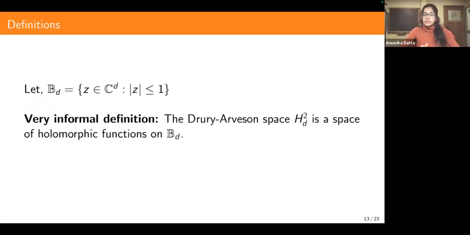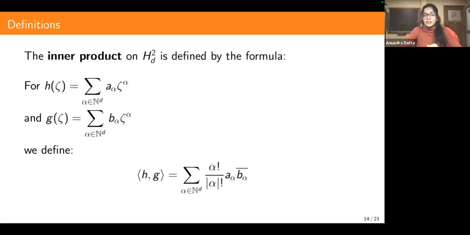Now, very informally, we can say that the Drury-Arveson space is a space of holomorphic functions on the ball. But to define it properly, first let's see how the inner product on the Drury-Arveson space works.